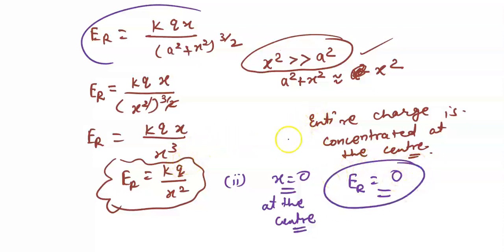This is how you can derive these different cases for the electric field intensity at a point situated on the axis of a uniformly charged ring.